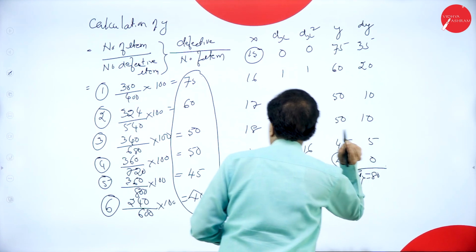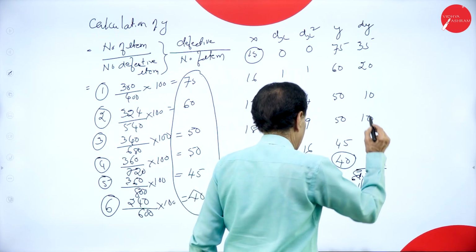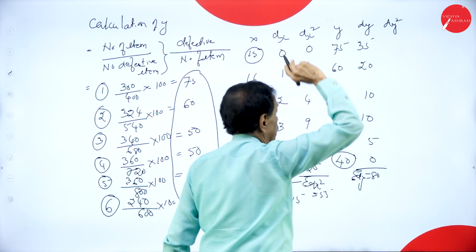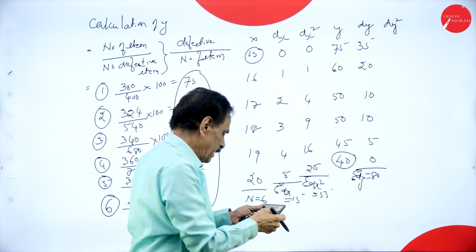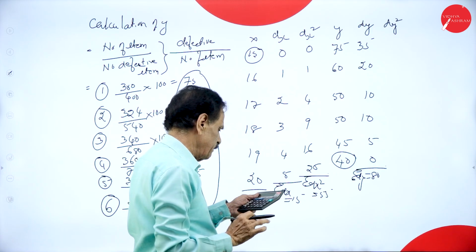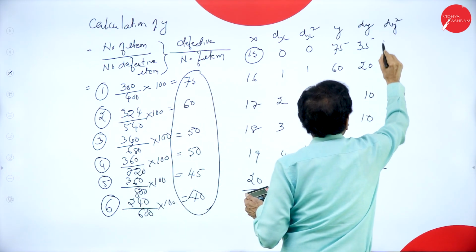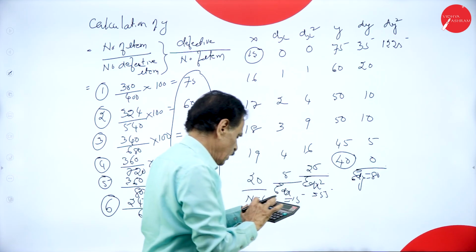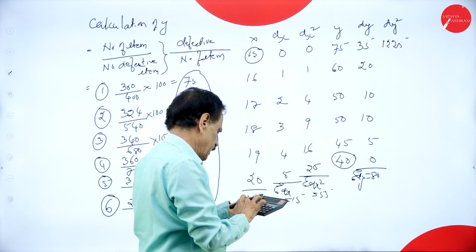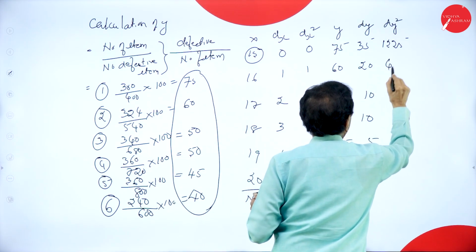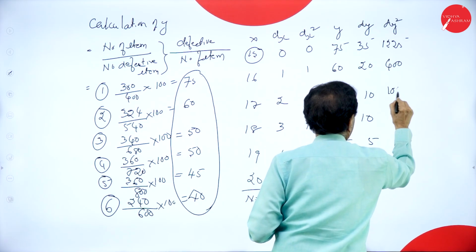Then dy square. 35 into 35 is 1225. 20 into 20 is 400. This is 100.